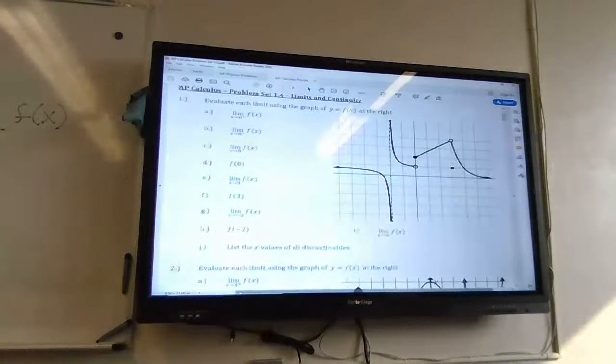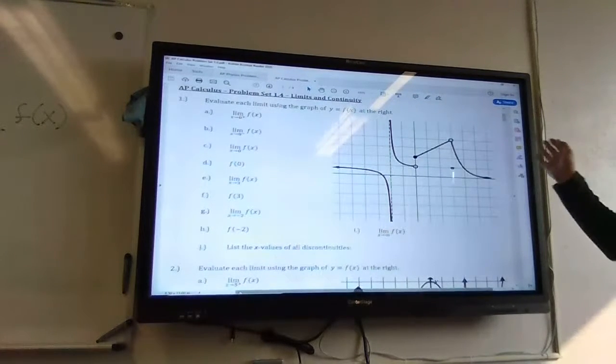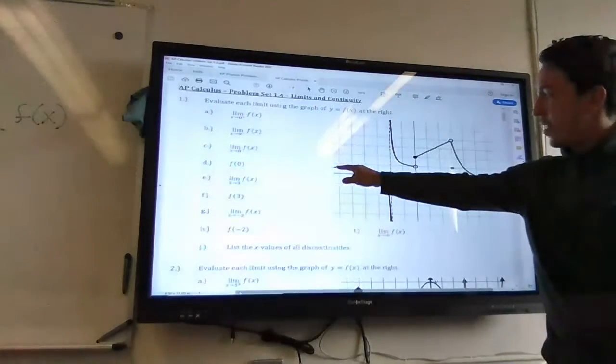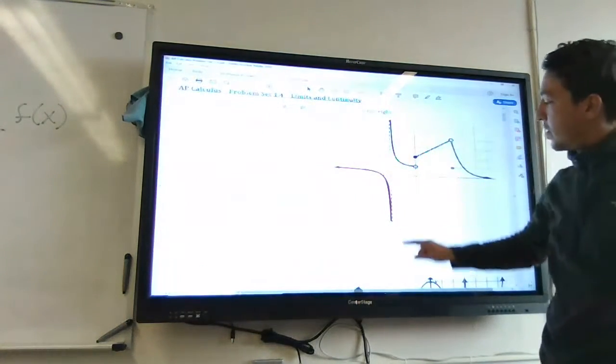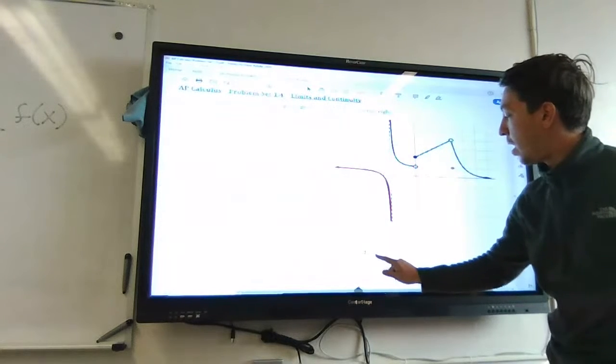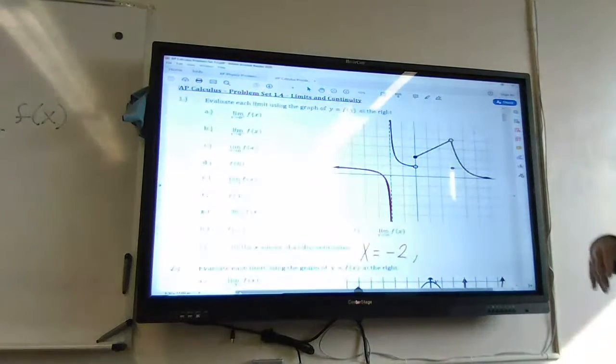Okay, list the x values of all discontinuities. Let's go left to right. Starting over here, it seems pretty continuous, right? Continuous, continuous, continuous. I see my first discontinuity at -2. There's a vertical asymptote there, so that's discontinuous.